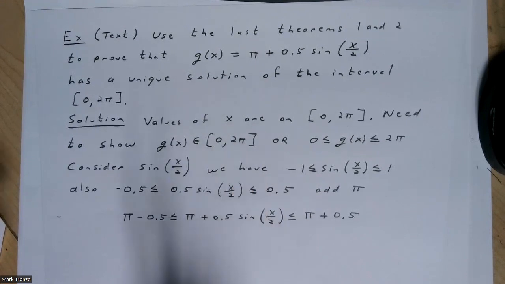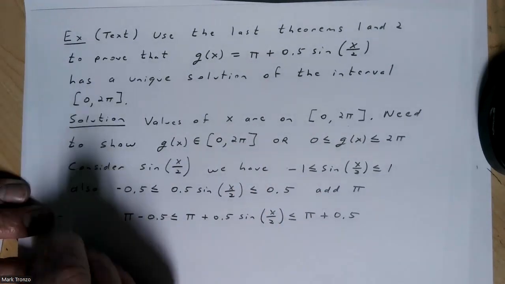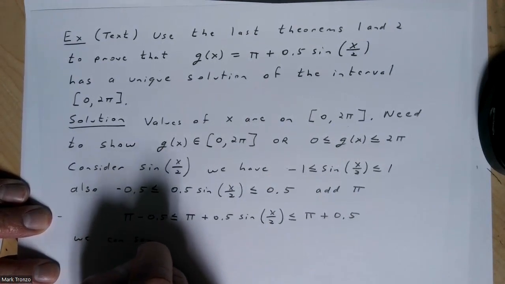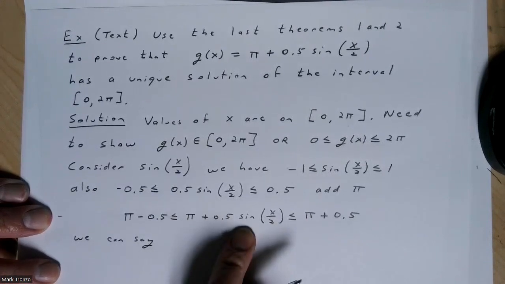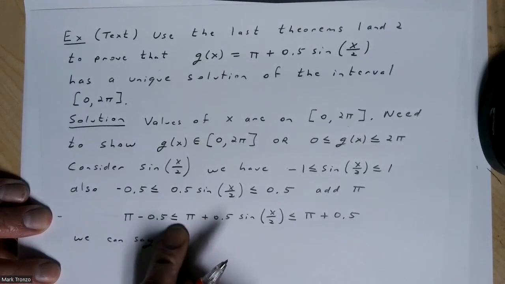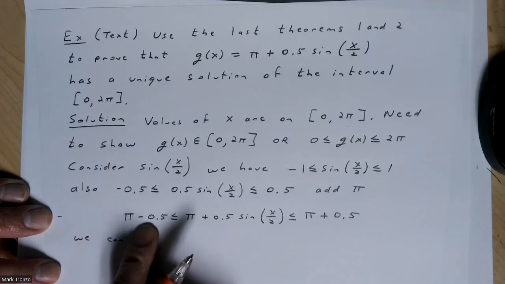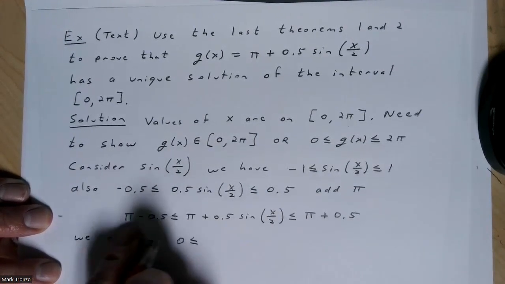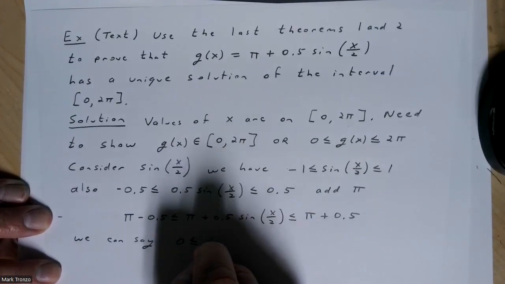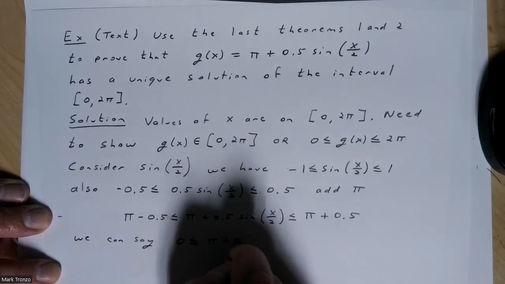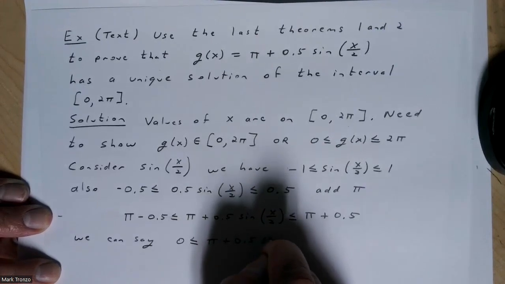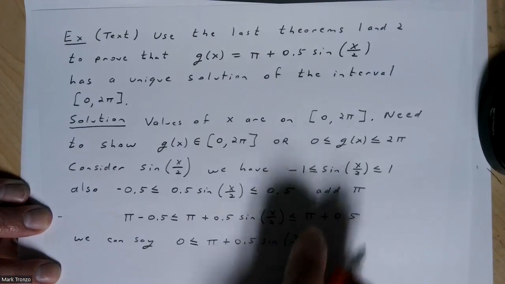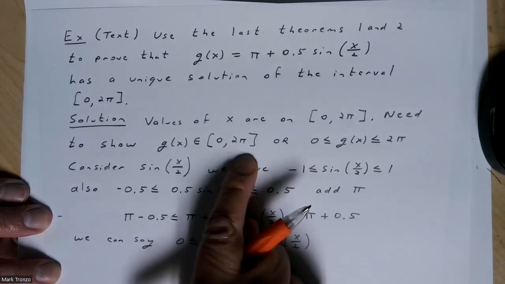So based on this, we can say that this is greater than 0 and this is less than 2 pi.